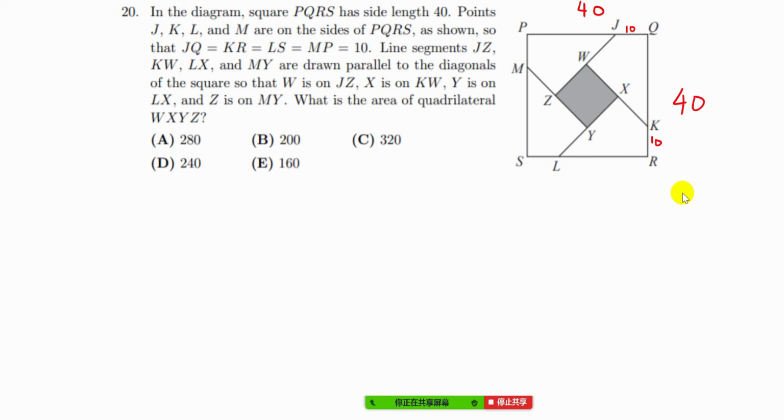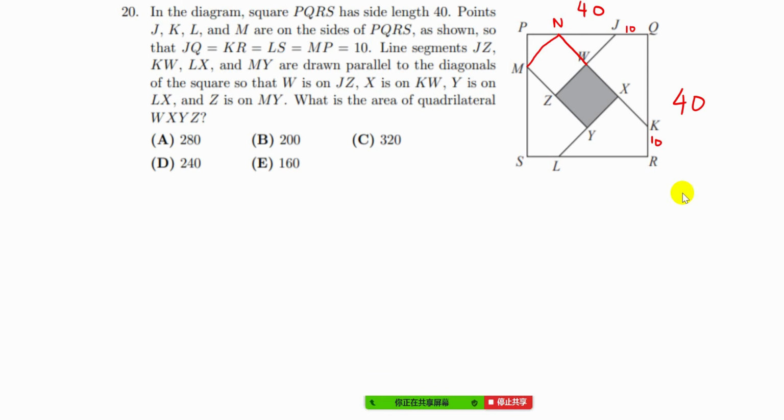And then we're trying to figure out the area of the shaded quadrilateral in the middle. So first, we could extend KW to PQ, and then name the place where they meet, say that they intersect at N, and then we connect MN.